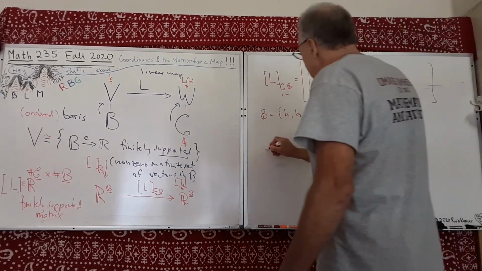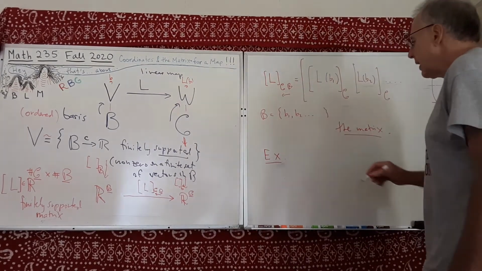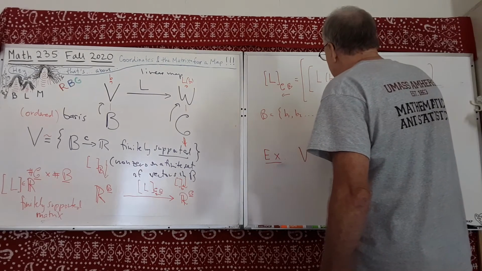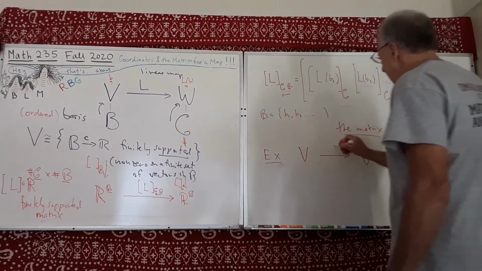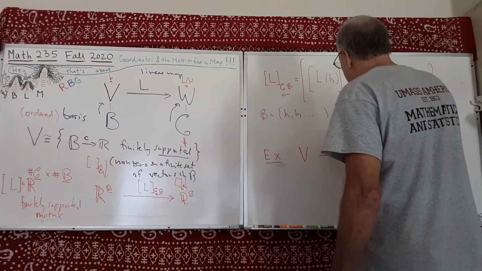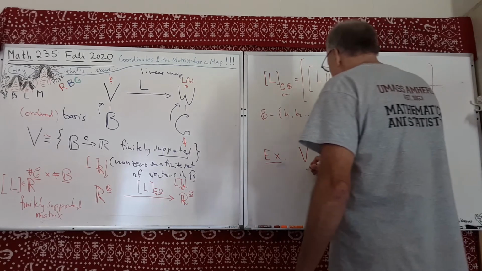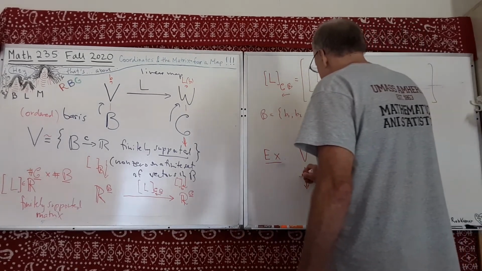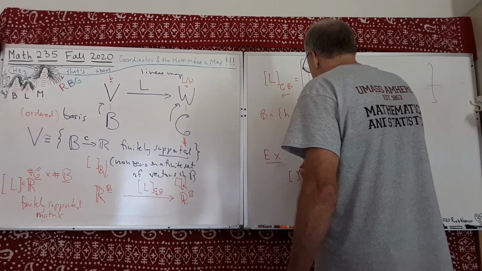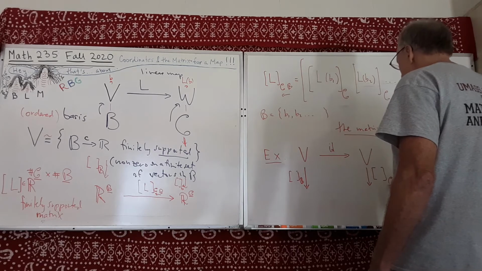Okay, and let me just give you one special example. Okay, if I take V to be equal to W, so V to V, and I take just the identity linear map, just the identity on the vector space itself, but I have two different bases. Maybe I've got a basis B and a basis C, and I take coordinates with respect to those.